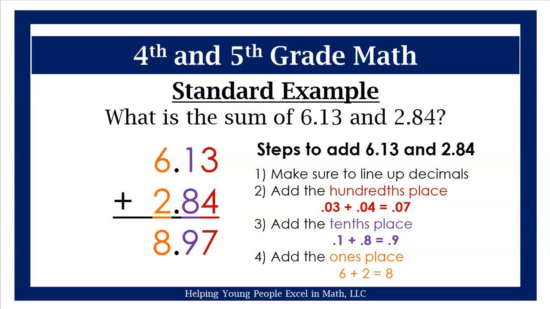We have 0.1 plus 0.8 is equal to 0.9. Moving on to our ones place, we have 6 plus 2 is equal to 8. And our final answer is 8.97, or again, 8 and 97 hundredths.